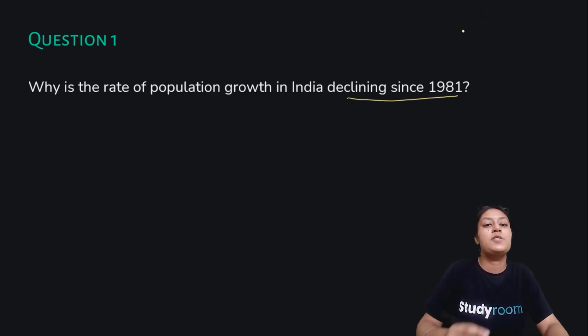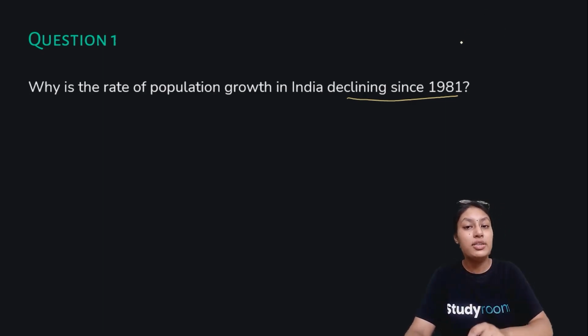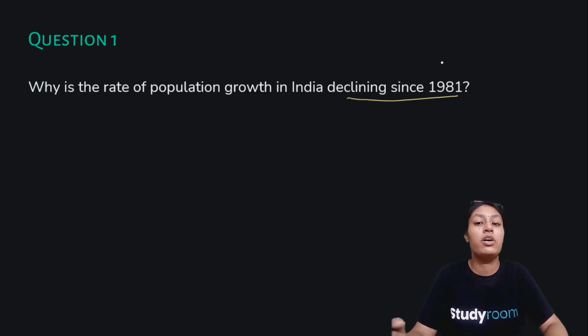The answer is population growth in India is declining since 1981 due to control over birth rates, by all the awareness and the programs launched by the government, and the awareness that has taken place now. Earlier there was no awareness, but now people are becoming more aware. So that is why population growth is now decreasing, because the birth rate is declining.